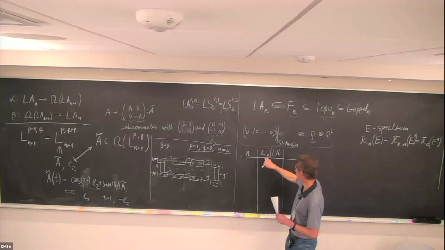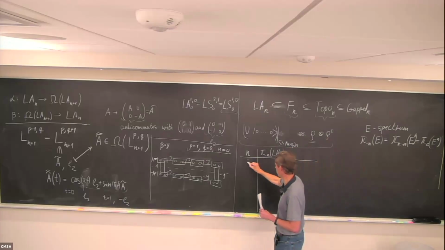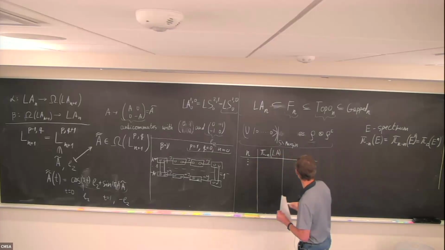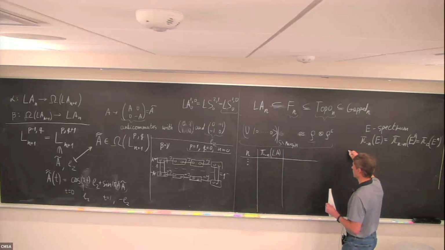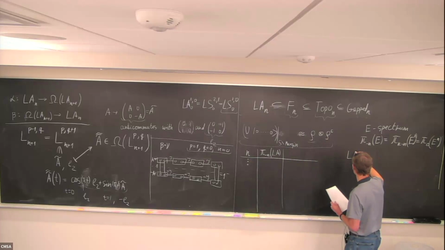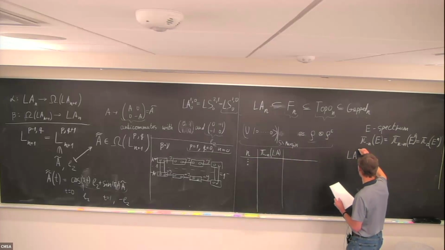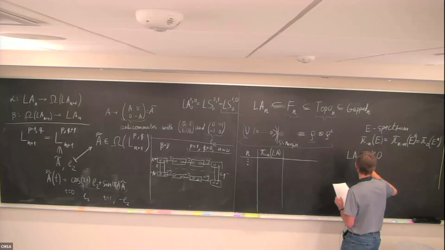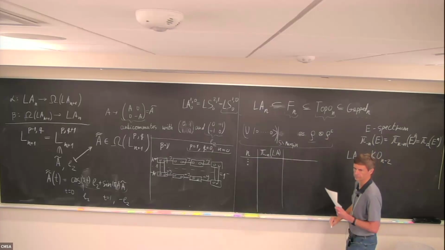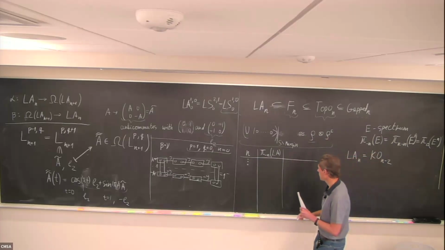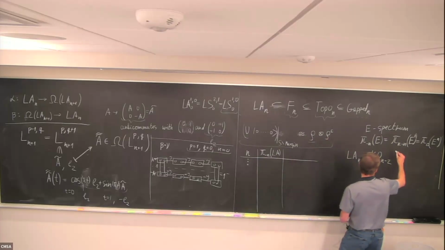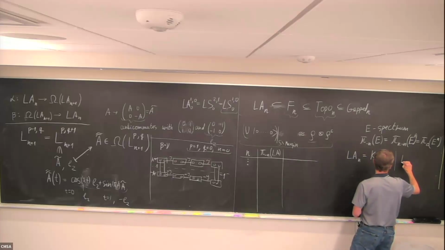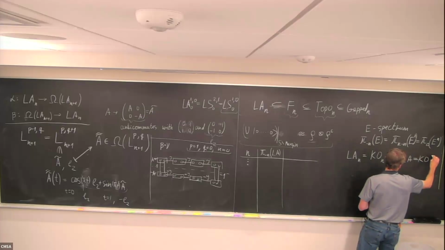And in the first column, I'll write something that follows from what we already know, namely LA n is the same as KO, a member of the KO spectrum, in dimension n minus 2. Or I'll put it this way: LA equals KO shifted by minus 2.